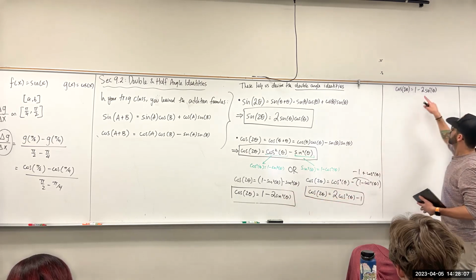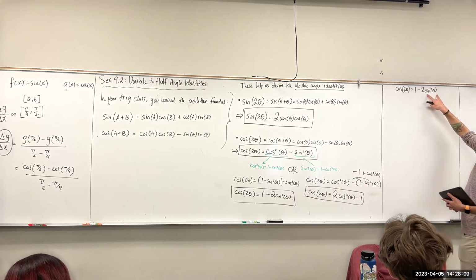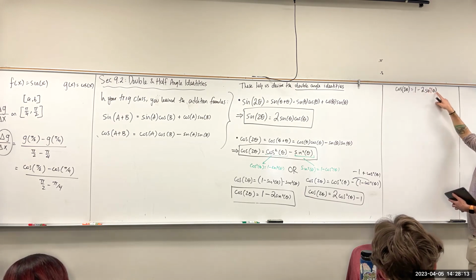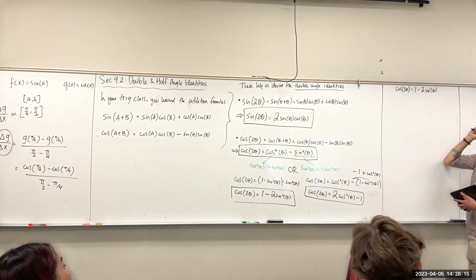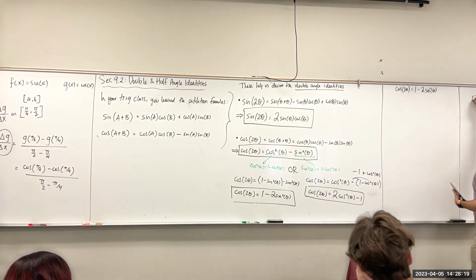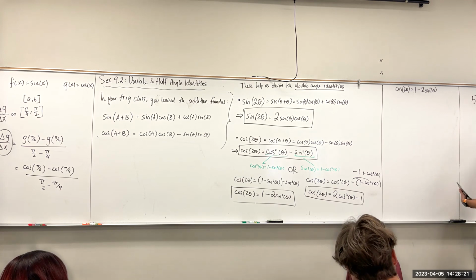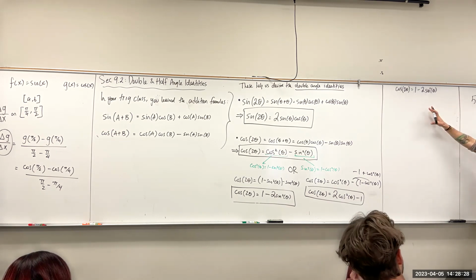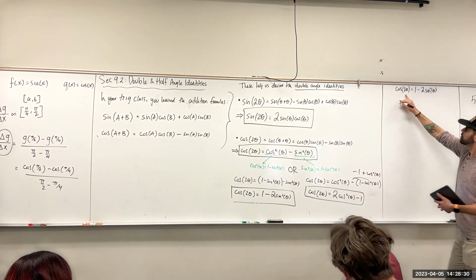Okay, so to get sine by itself, algebraically, what do I have to do first? If I want to isolate the sine, what would you do if I had 5 equals 1 minus 2x squared? What would you do first? You would subtract the 1, right? So the algebra is still the same. So I would subtract the 1 from both sides.